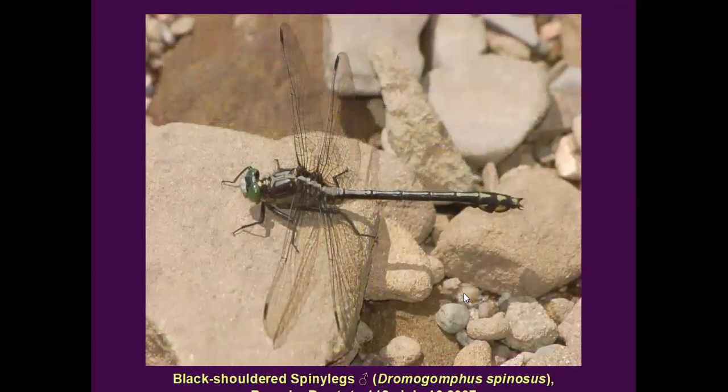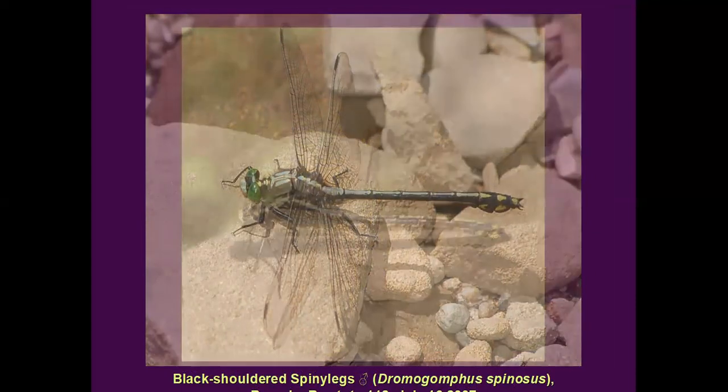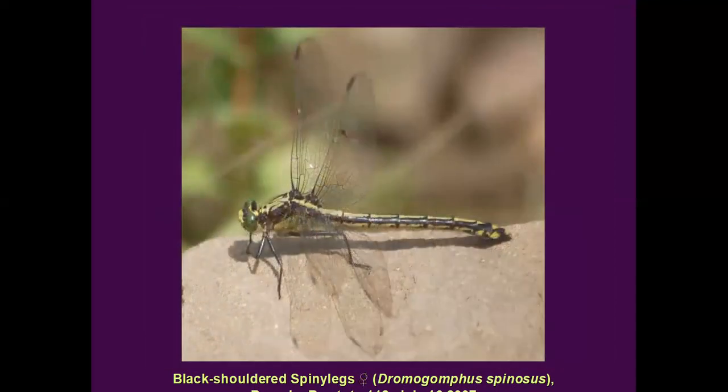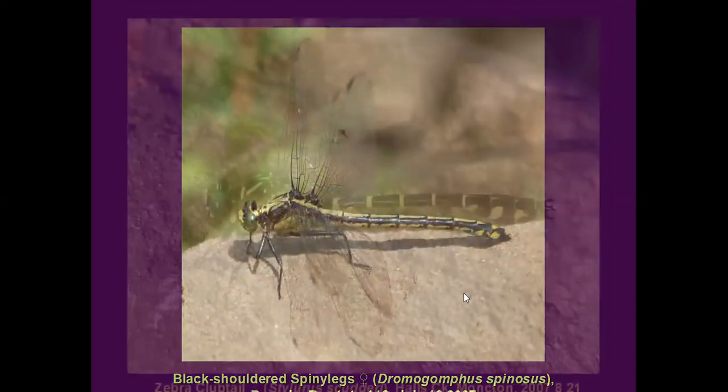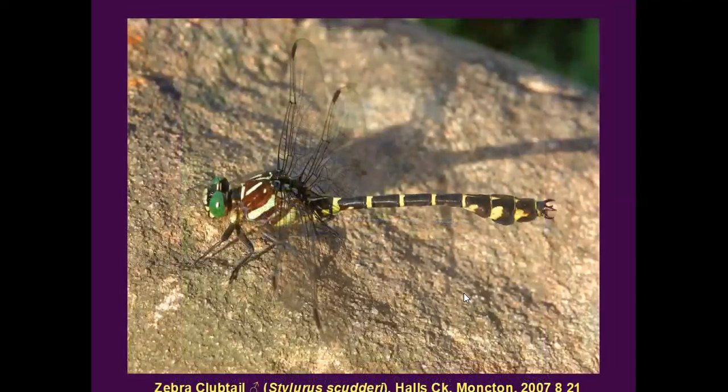And some more spectacular clubtails from the Barnaby River here, the black-shouldered spinylegs, male and female. The zebra clubtail, and I should point out here that another species of Stylurus dragonfly was recently found at French Fort Bridge.